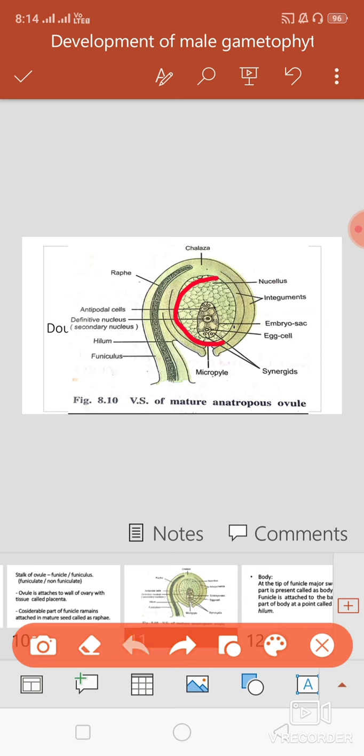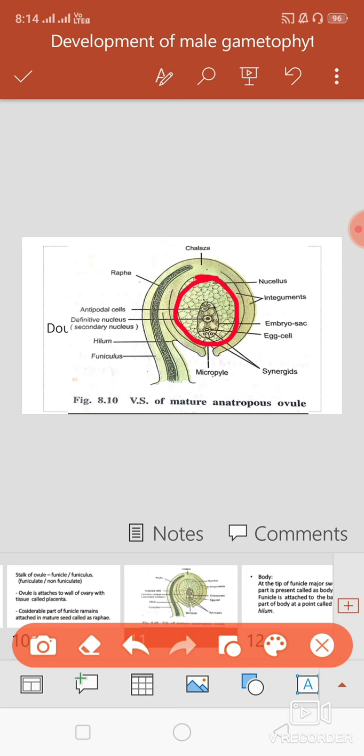Nucellus is the major part of body, and it is the main part of body. It is formed by diploid parenchymatous cells. Here this nucellus actually represents the megasporangium proper.